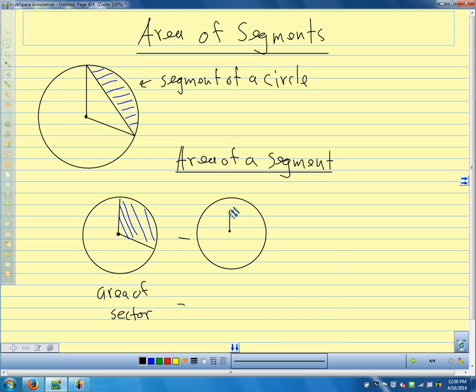So now I'm going to just find the area of this triangle. So I'm going to draw the triangle here. We'll shade that in.